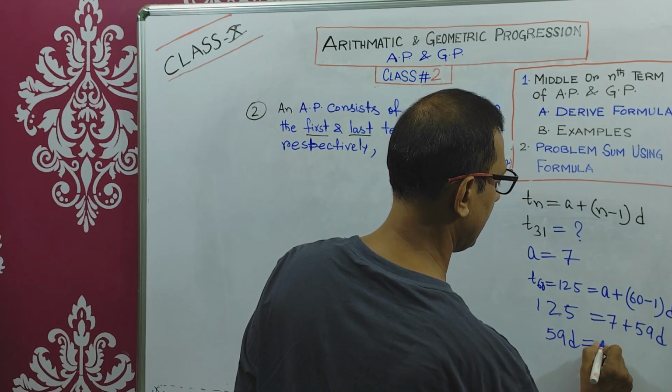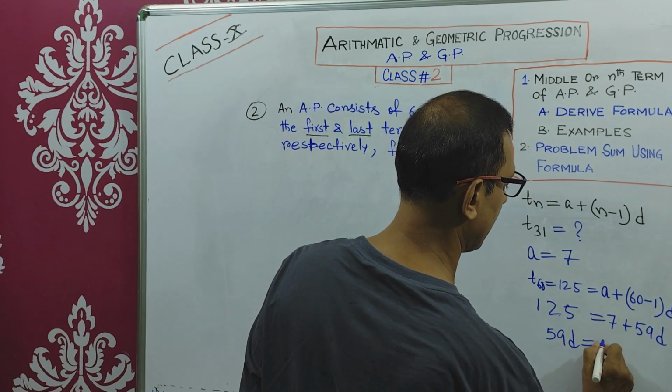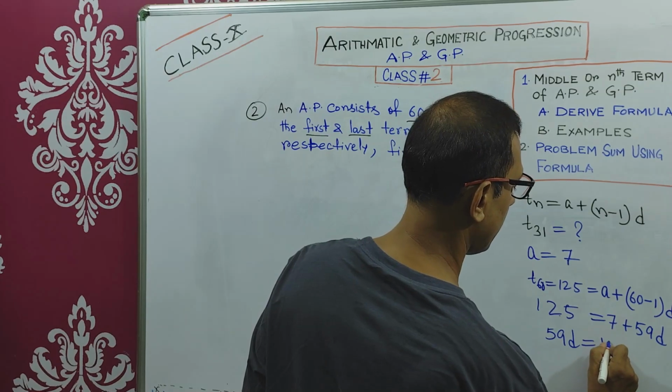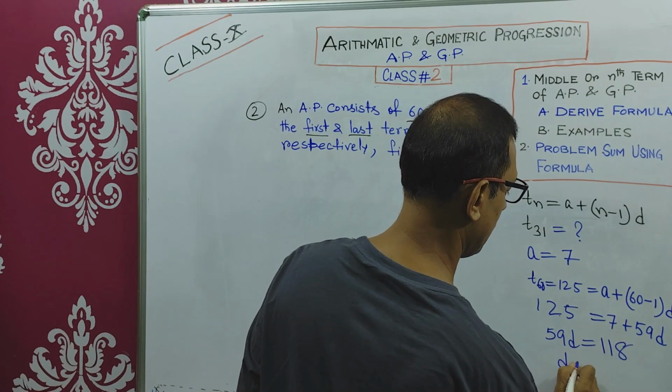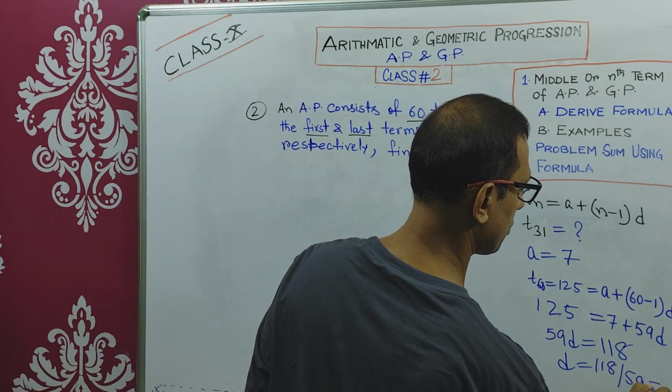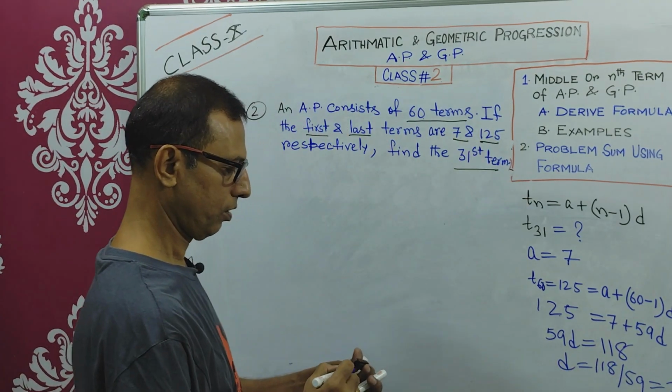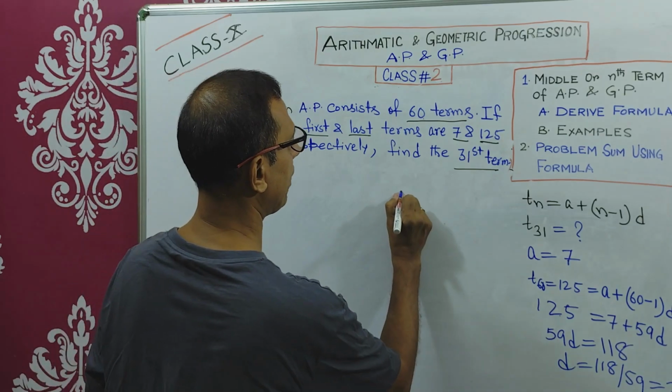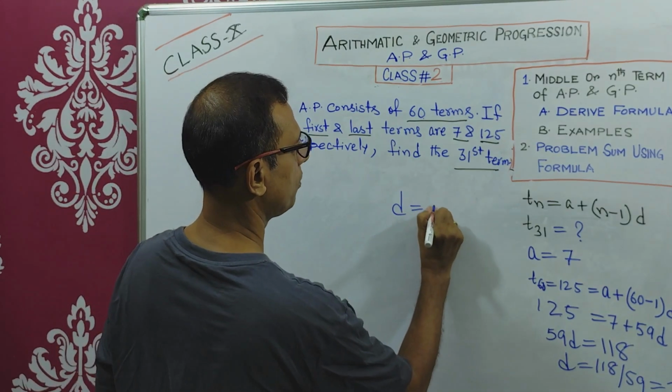That means 59D equals 125 minus 7, that is 118. That means D equals 118 by 59, that is 2. So the D value is 2.